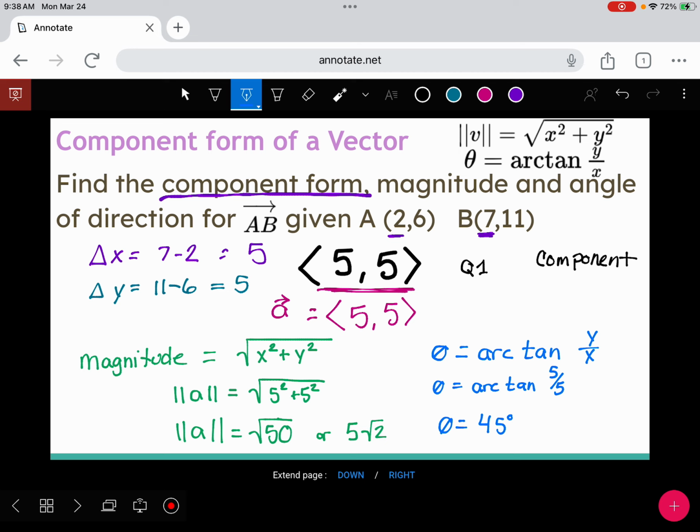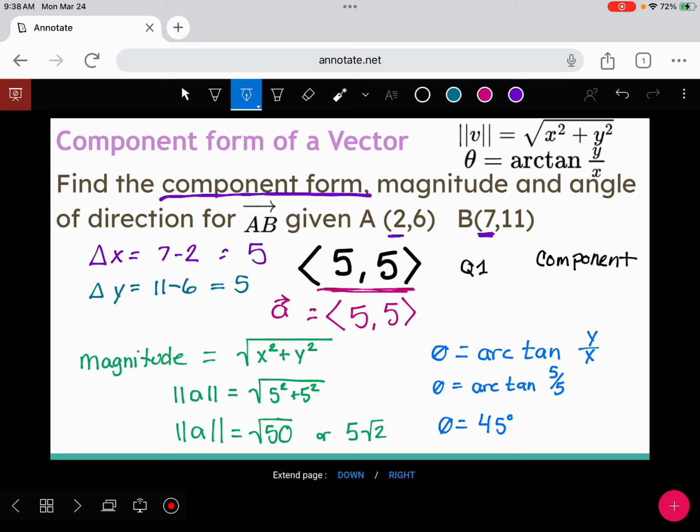Because what this is saying, and I'm going to grab a graph real quick to put on the whiteboard. It's intersecting at 45. It's moving that direction.